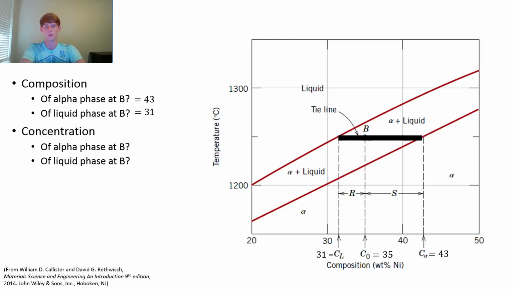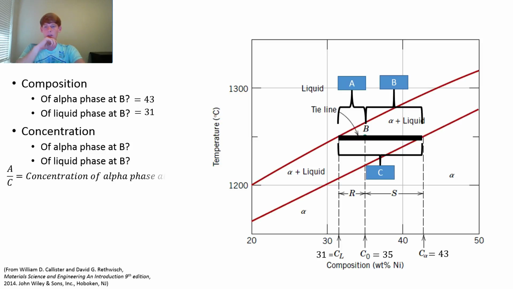We start off by dividing the tie line into two separate parts, A and B, and then we call the total length of the tie line C. The way we calculate the concentration of a phase at a point is you take the line segment that's on the opposite side of the point from the phase you're looking for. So if you're looking for alpha, it is the opposite side, so that's A, not B.